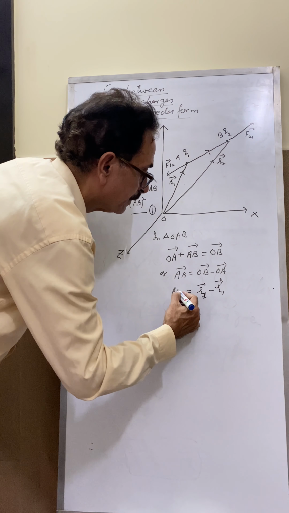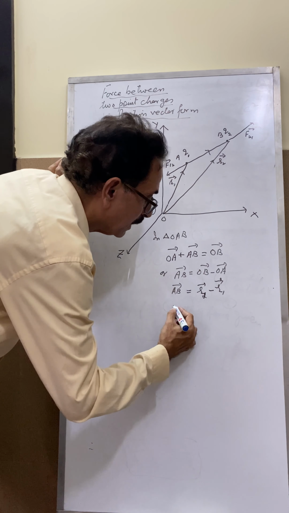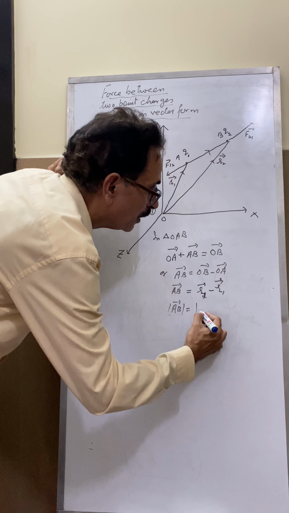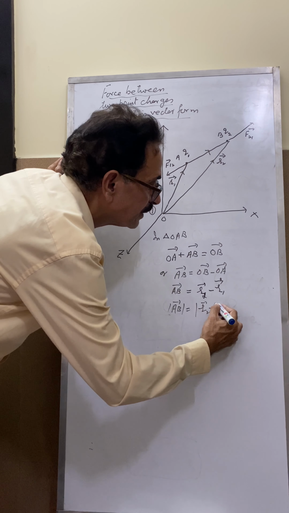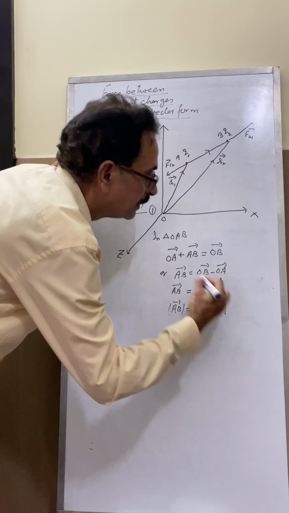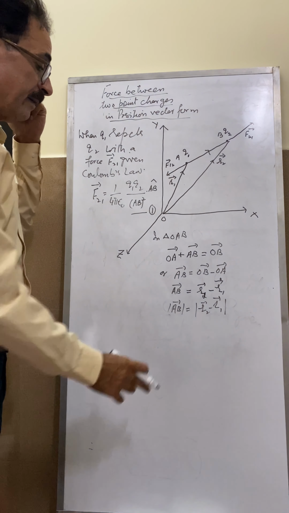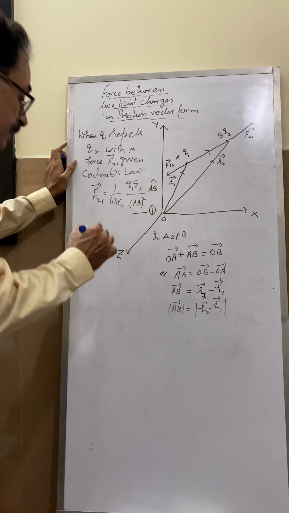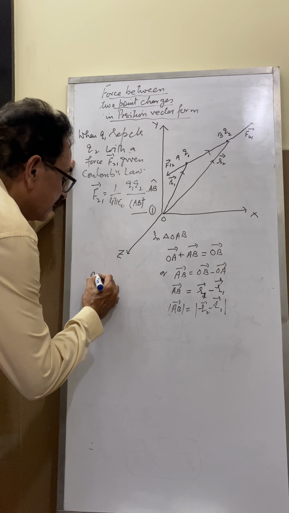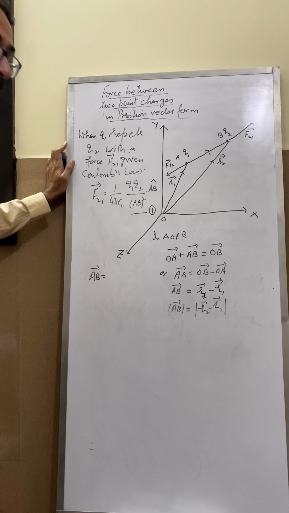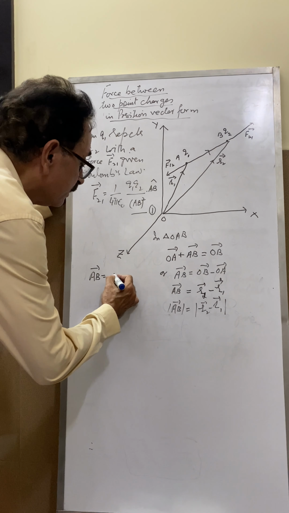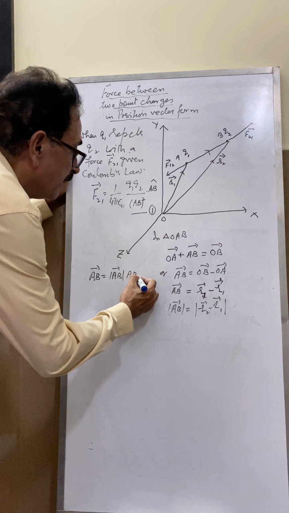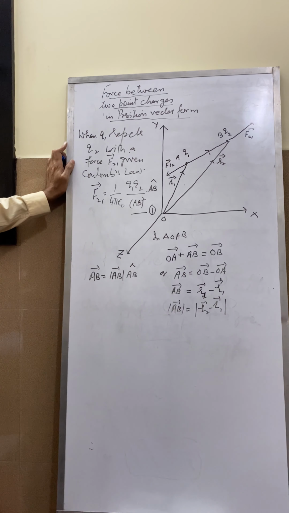The magnitude of AB can be written equal to mod of R2 minus R1. This magnitude means AB. But at the same time, the total vector AB can be written as two parts: magnitude part, AB is magnitude, AB cap is its direction.